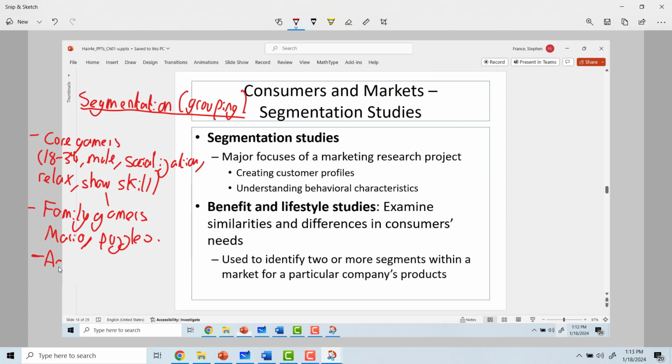Then we'd have maybe a more activity-oriented segment. And they'd use what originally was the Wii, but they would use it for exercise, to help build coordination.